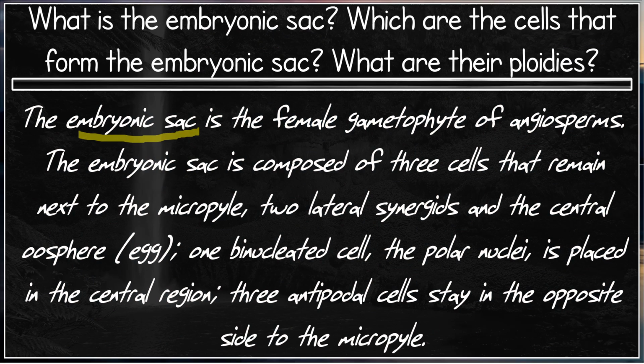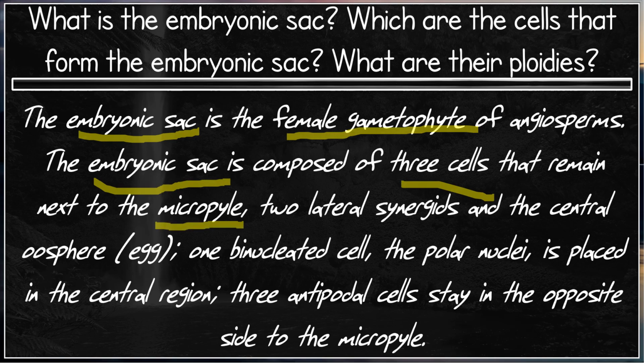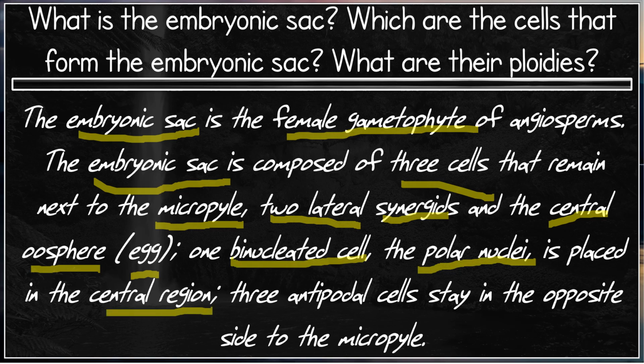The embryo sac is the female gametophyte of angiosperm. The embryo sac is composed of 3 cells that remain next to the micropyle, 2 lateral synergids and the central oosphere, the egg. 1 binucleated cell, the polar nuclei, is placed in the center region. 3 antipodal cells stay on the opposite side of the micropyle.